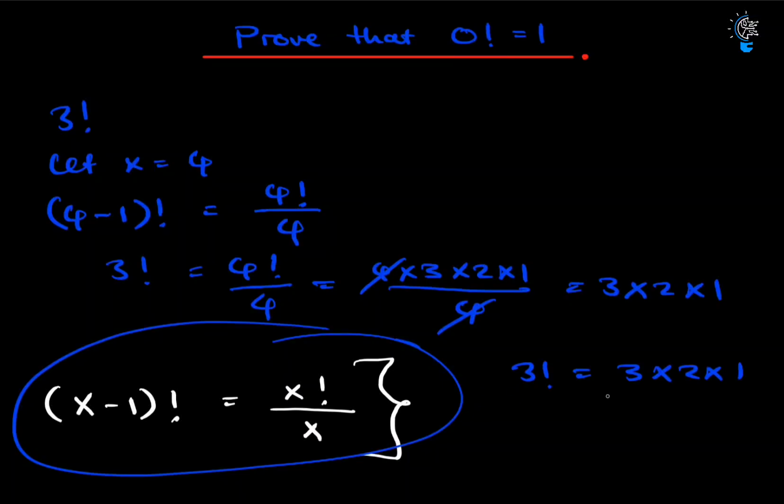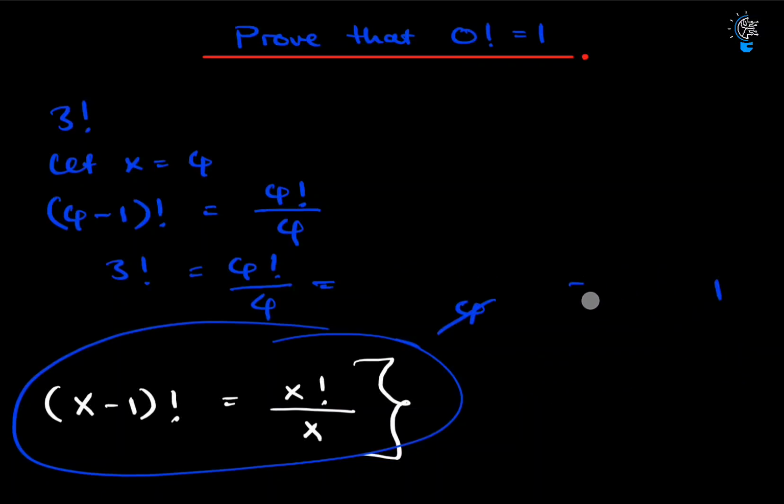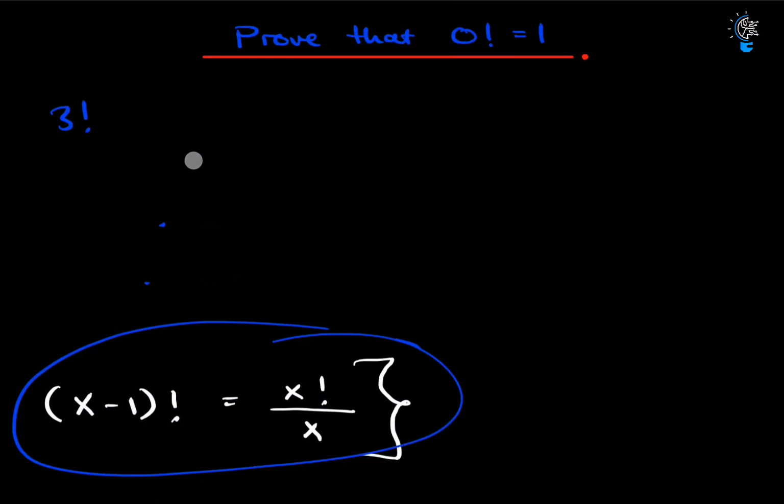Now that we've seen that this expression is correct, we can use it on 0 factorial. Let's use a different color, let's use white. We want to find the result of 0 factorial.